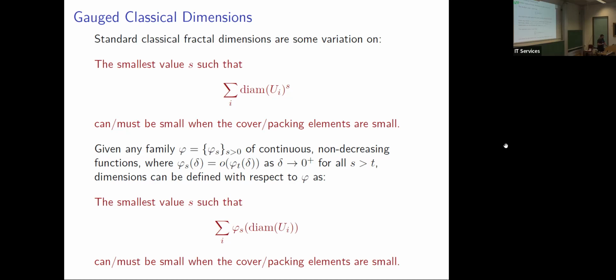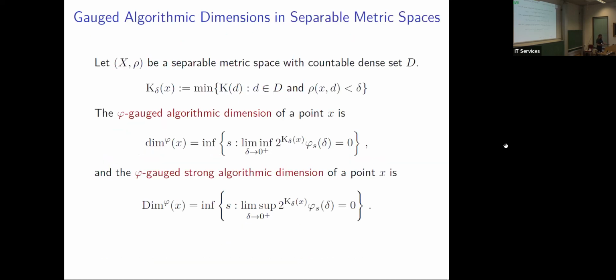You could do this with any single parameter function family of continuous, non-decreasing functions, where if s is bigger than t, then phi s of delta is little o of phi t of delta as delta approaches 0. This is a very straightforward generalization. And then we can do this in separable metric spaces.